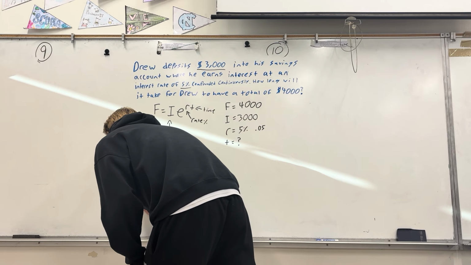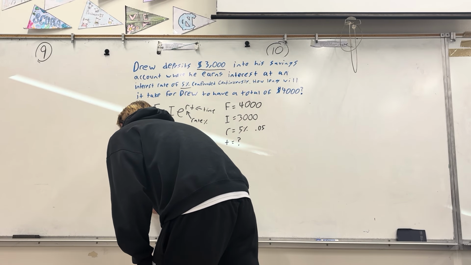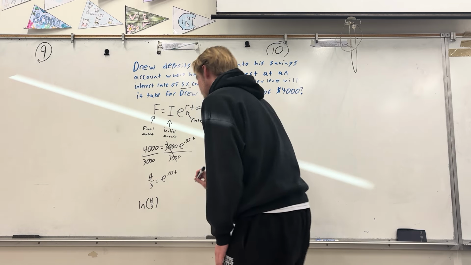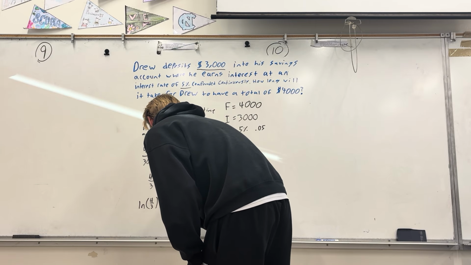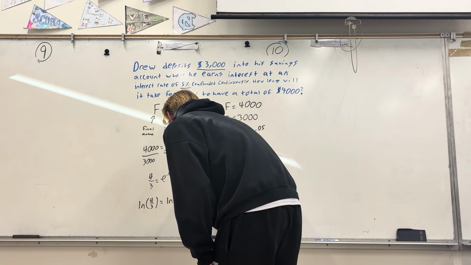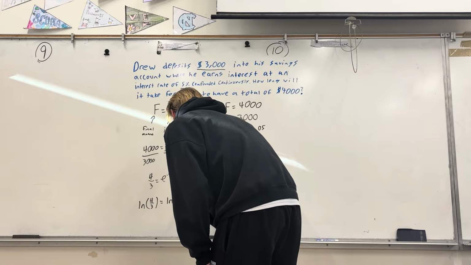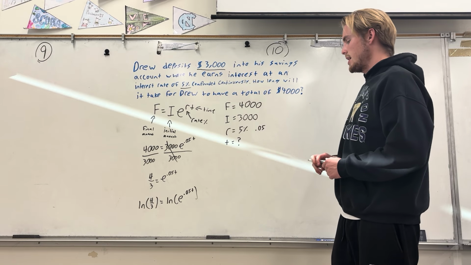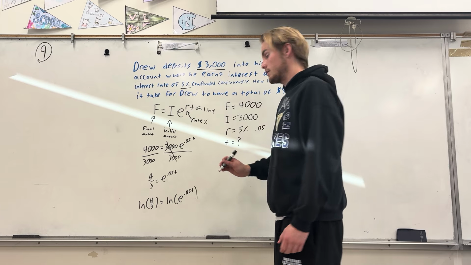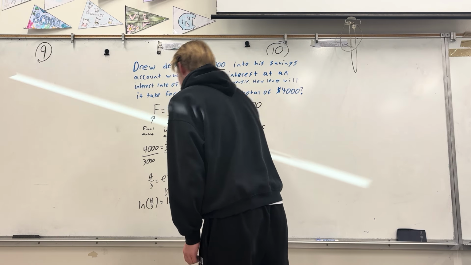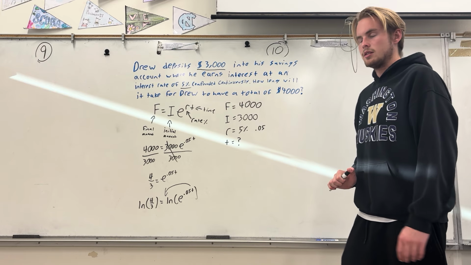So we have ln of 4 over 3 equals ln of e to the power of 0.05 t. And then since ln is just a log, it follows the same rules. It tells us we're allowed to move this exponent to the front of our natural log.